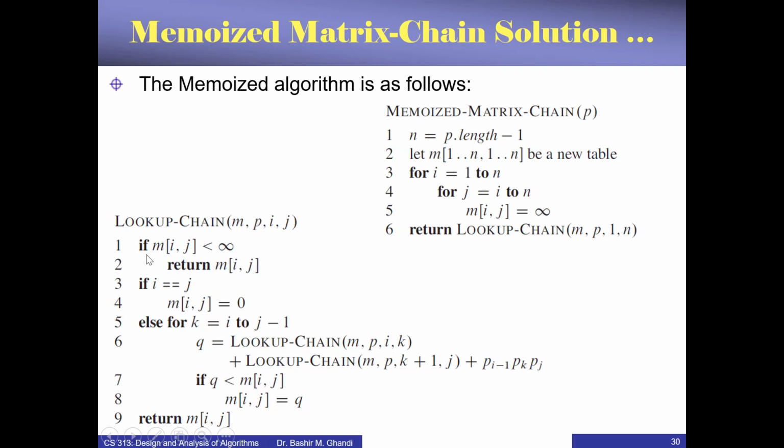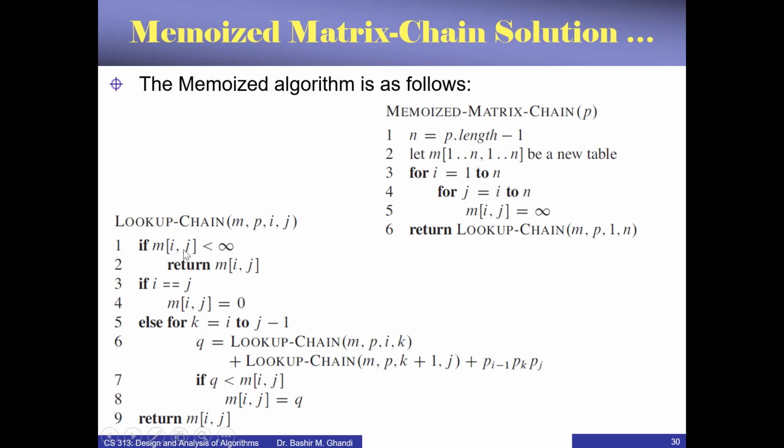Now look here, the first thing this algorithm does is check whether m[i,j], which we are trying to compute, has been computed before. It will have been computed before if the value is less than infinity. So if it has been computed before, just return it. Don't do anything else. Read the value from the array and return it.